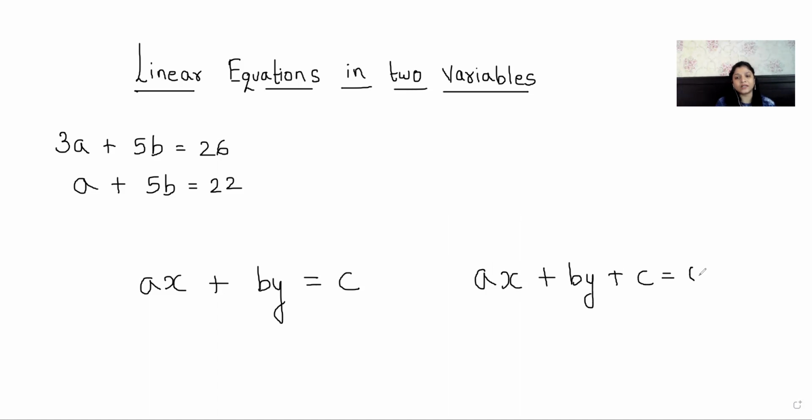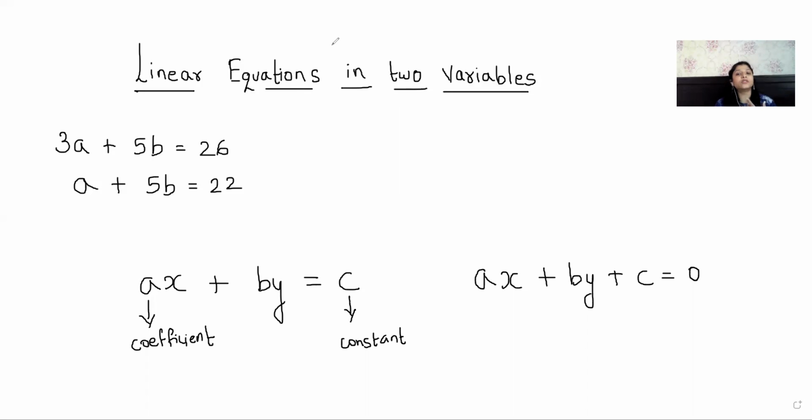Both are considered standard form, where the two variables are x and y. a is the coefficient of x, b is the coefficient of y, and c is the constant, that means a number without any variable. The constant may be on the right hand side or the left hand side; both are standard form. We require this while solving these equations in the elimination method.